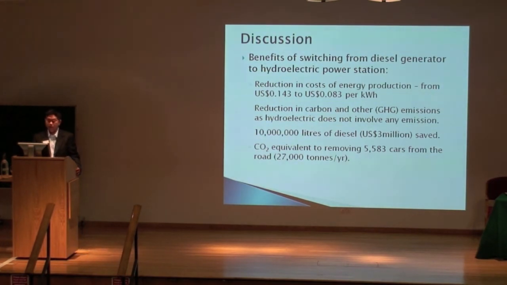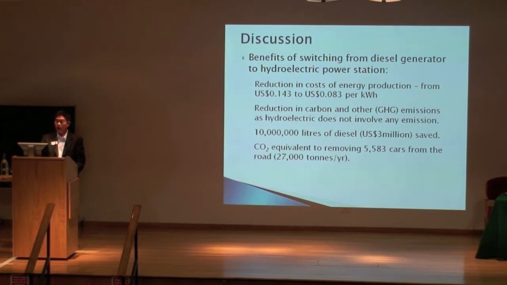Okay, the discussion. If we switch the diesel generator to a hydroelectric power station, it is possible that there will be a reduction in the cost of energy production from the equivalent of 20 cents Brunei to 12 cents Brunei.